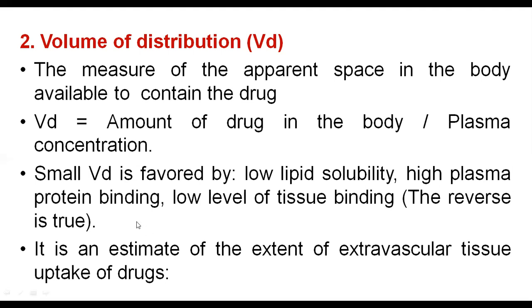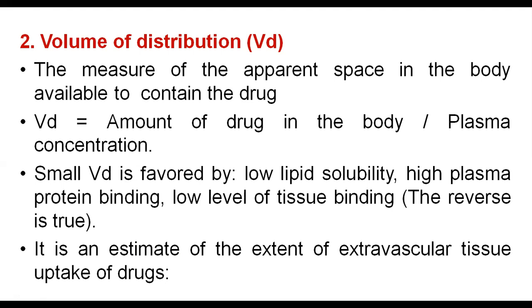High plasma protein binding. If this drug binds with a very strong affinity to plasma proteins, especially albumin, it means this drug will be attracted to bind to the albumin within the plasma, and so only a smaller percentage of the drug will go into the extravascular compartment.